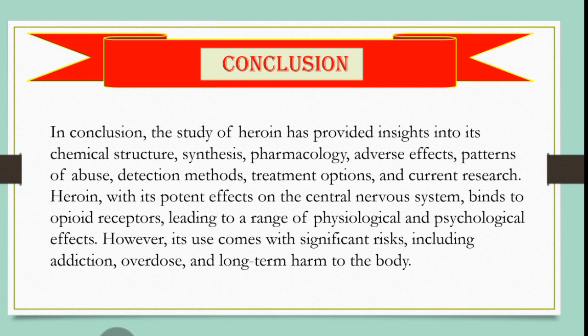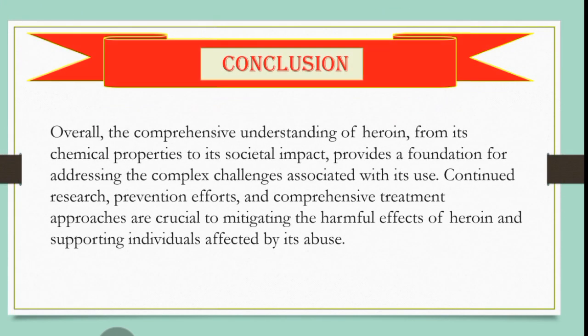Heroin, with its potent effects on the central nervous system, binds to the opioid receptor, leading to a range of physiological effects. However, its use comes with significant risks, including addiction, overdose, and long-term harm to the body. Overall, a comprehensive understanding of heroin, from its chemical properties to its societal impacts, provides a foundation for addressing the complex challenges associated with its use.